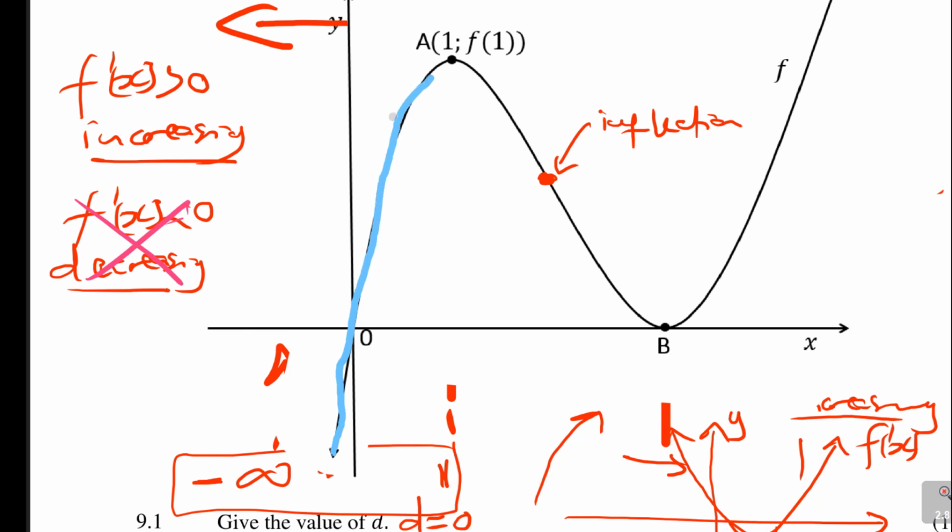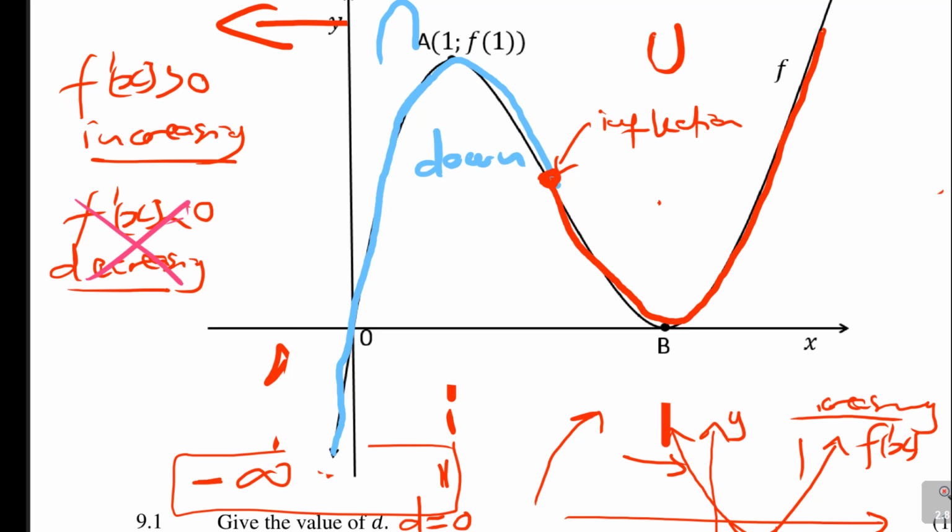This is concave down, because it forms a cup that is facing down. So it's concave down. Then at that interchange here, we've got concave up, because it's a cup that is facing up. So that point that separates that is the point of inflection, and we said at that point x is 2. Are you with me? That's what they're trying to say.